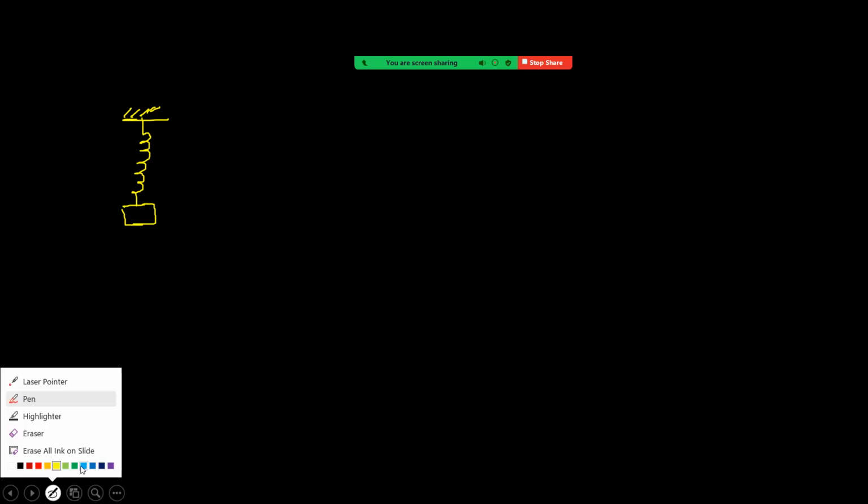Now slowly move the hand. Then it stretches by x. That means we can say net force equal to 0 because slowly. Given elongation is x, that means its weight mg is balanced by spring force, that is kx.